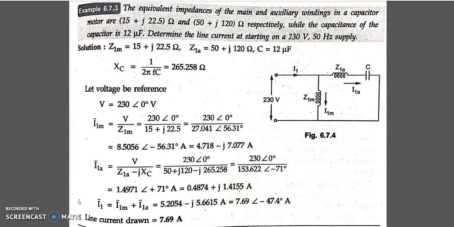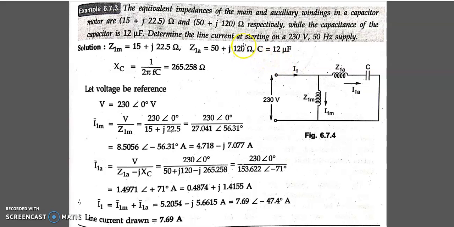Now, as we know that I1 is equal to I1M plus I1A, and I have already calculated I1M and I1A, I'm going to add them, either in rectangular or in polar form. It is better to add in rectangular form itself. Once I add both, I get the answer 5.205554 minus j5.6615. This is the real part and this is the imaginary part.